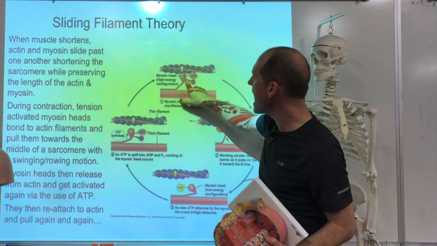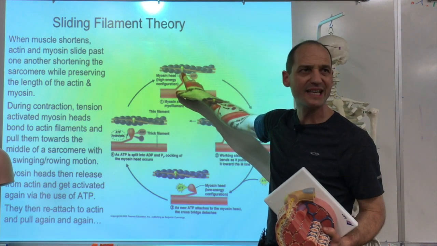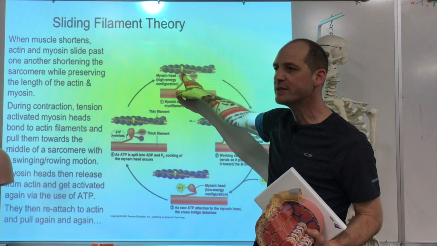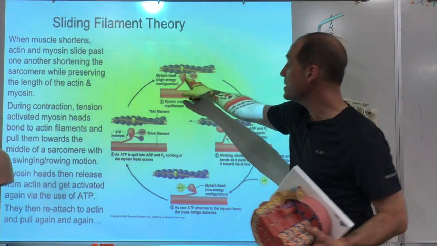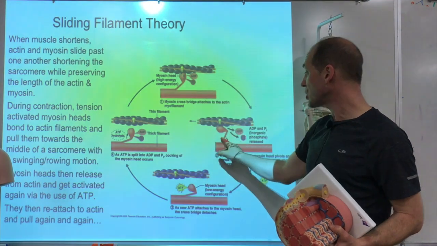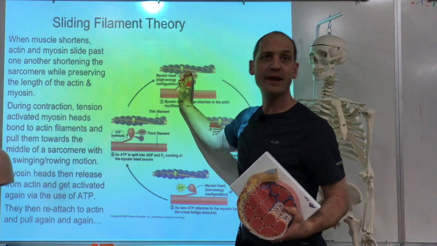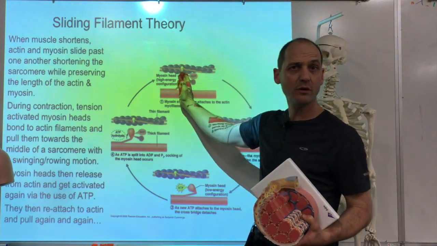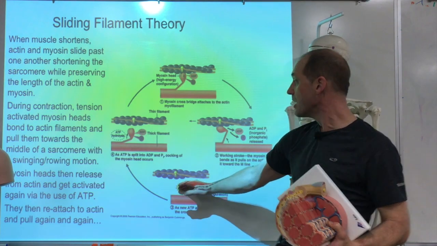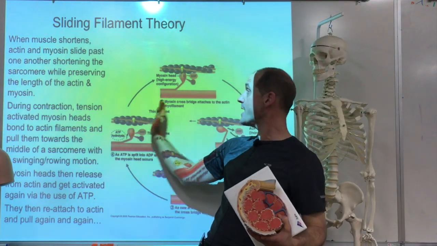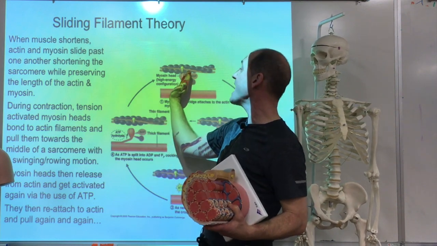But the myosin head attaches then to that active site that's freed up because the calcium is in there, and at that point, ATP, you remember ATP? That's the energy, right? ATP makes sure that the contraction happens because it helps move the head back and forth. So what it actually does, the ATP, when it attaches to the myosin, the head stands up, and then when the active site is free and the head can attach to it, the head bends downward.